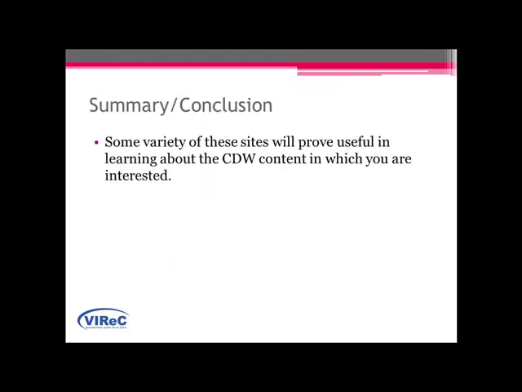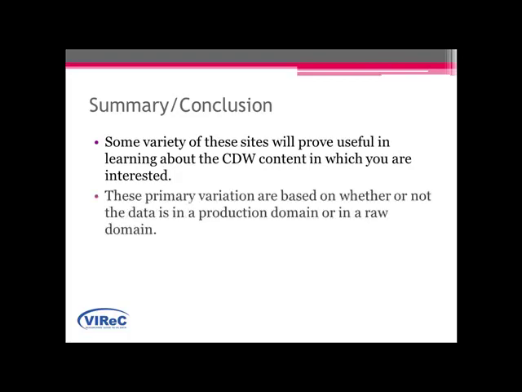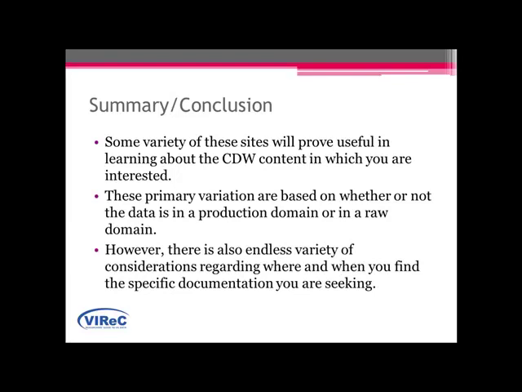So to summarize, there are a variety of ways of finding documentation for the CDW, and it depends on whether you're dealing with raw or production primarily. However, even all of the information and sites that I've covered today don't always do the trick.